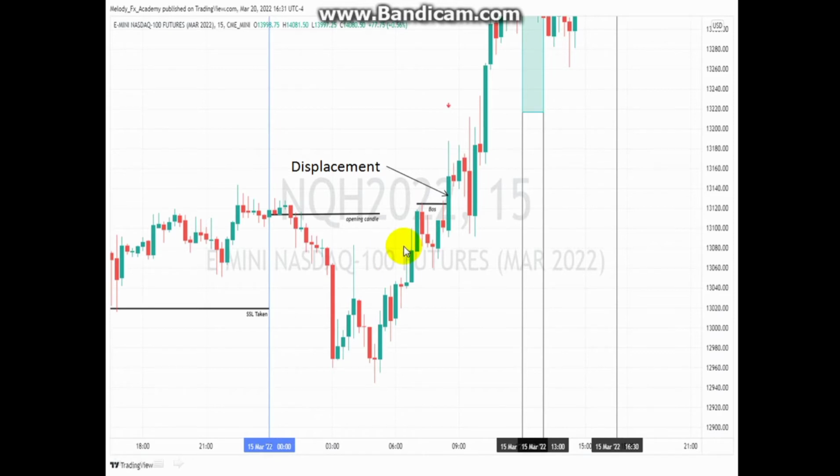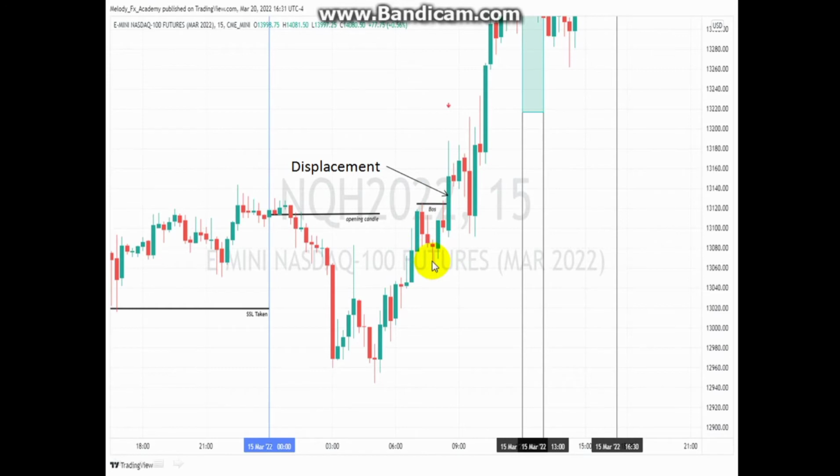Prior to 8:30 a.m., we are going to look for a swing low or an old low to get taken out. You're going to look for sell side liquidity, for price to take out an old low.